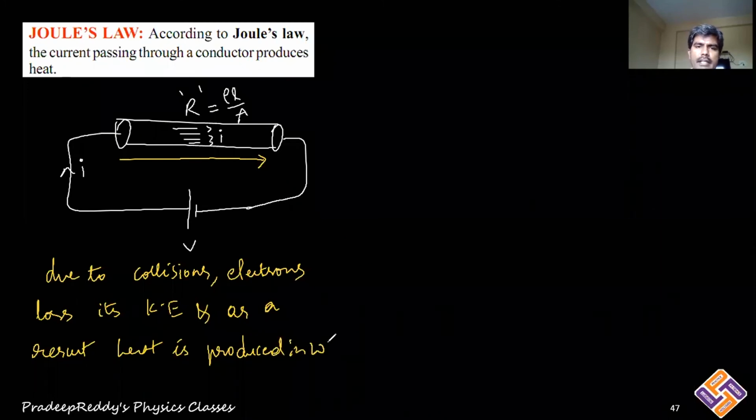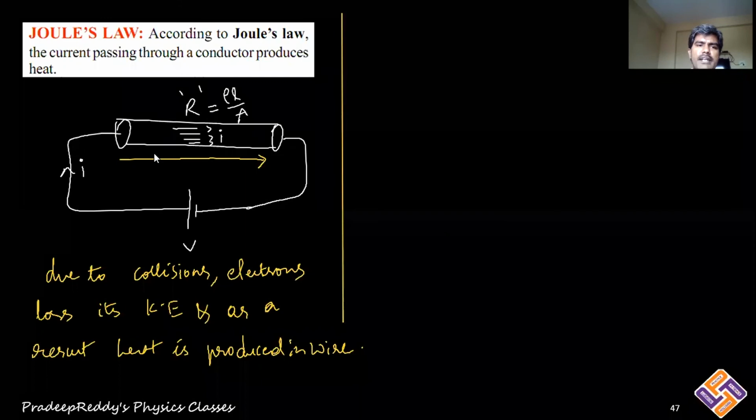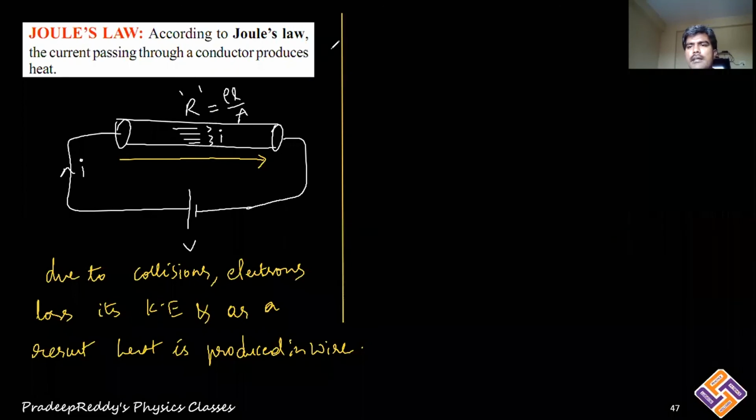Okay, so there is some heat developed in the circuit. Whenever an electric current is flowing through the circuit, definitely some heat is developed, and this was proposed by Joule, and it is named in honor of him as Joule's law.